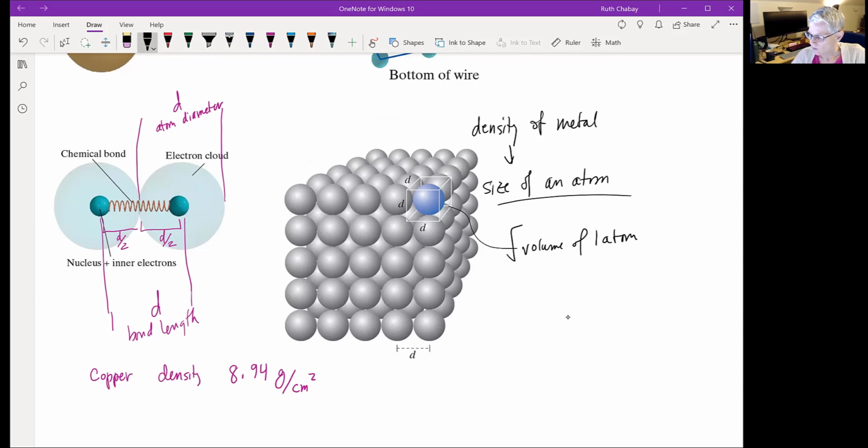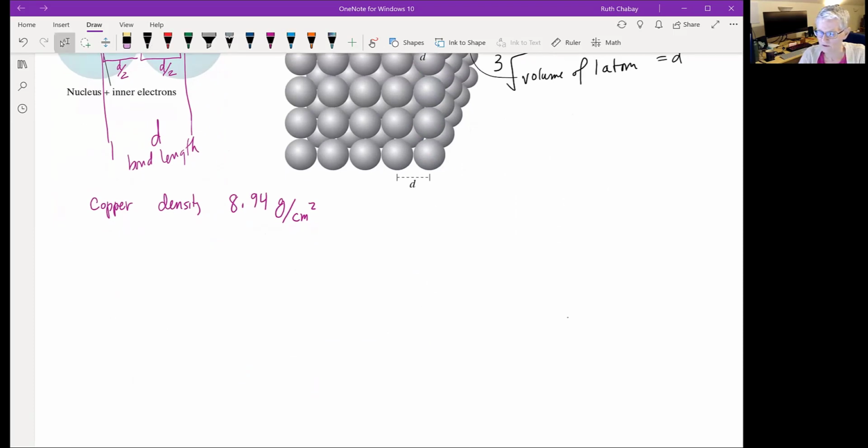If we take the cube root of that, that's going to give us the length of one of the sides of this cube, d. So the plan is to go from density, which in kilograms per cubic meter we need to convert, to the number of atoms per cubic meter. Then we can invert that to get cubic meters per atom, and then we can get the side of the cube, basically.